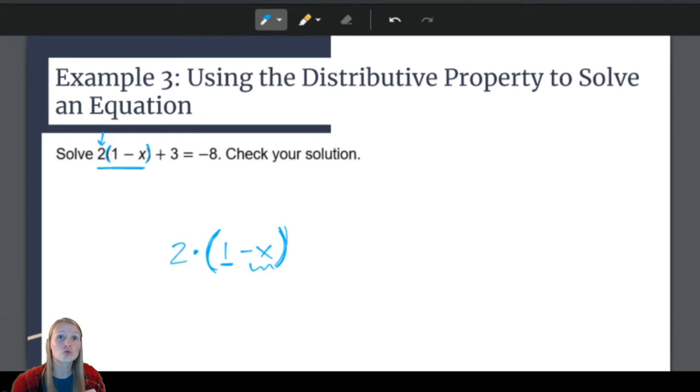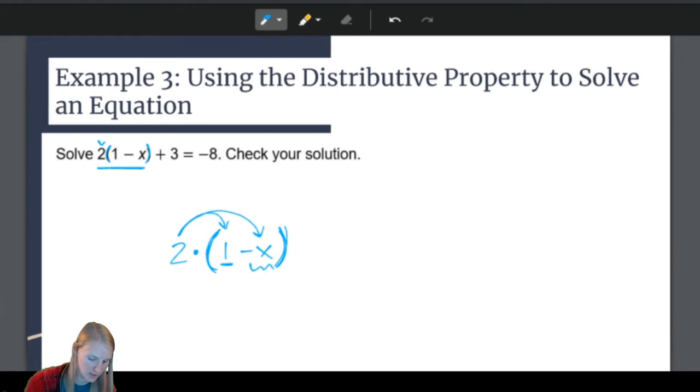To distribute something means that I'm going to multiply this 2. I'm going to multiply 2 times 1 and 2 times negative x. I like to call these distribution rainbows, and I always draw these arrows so that I don't forget anything.